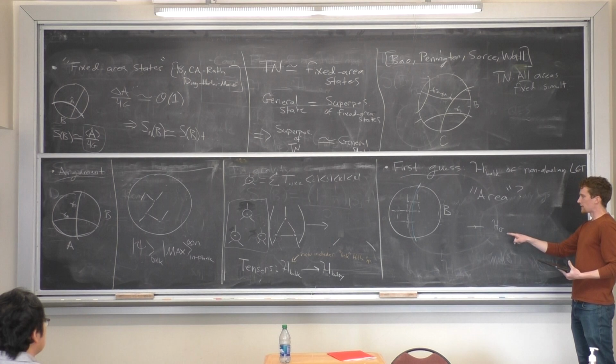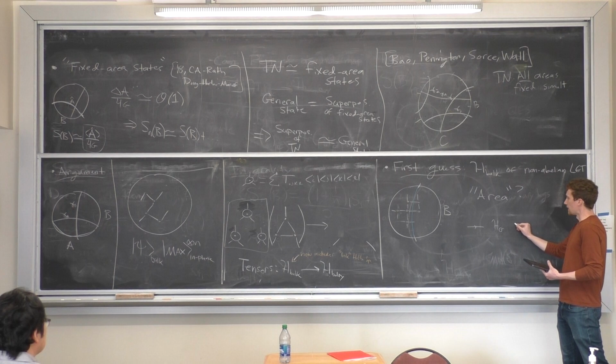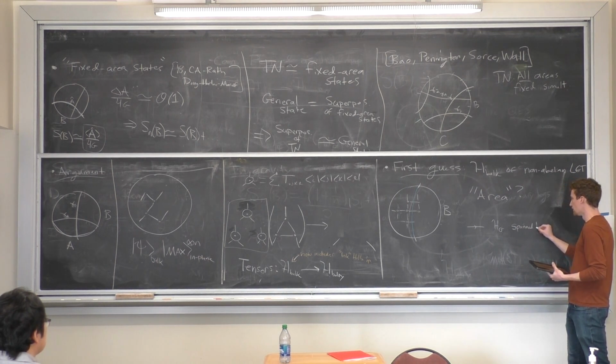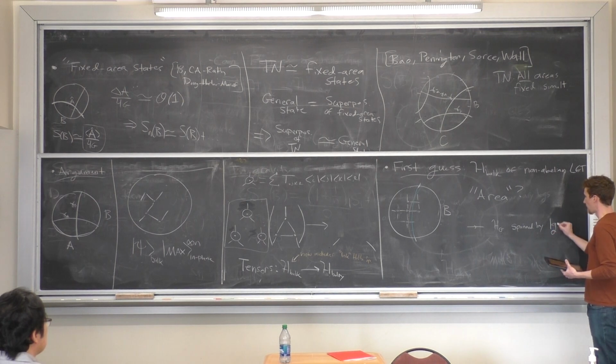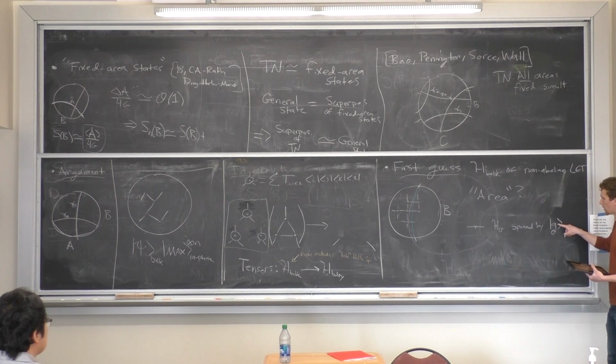So you might imagine, right, this is just the Hilbert space of some particle living on the manifold of this group, say, and it's spanned by states that I might write this way, where g is some element of capital G. So this is like the position basis for states in this Hilbert space.